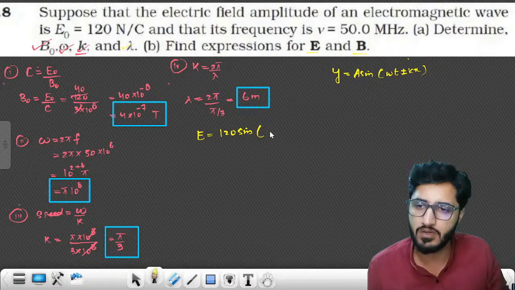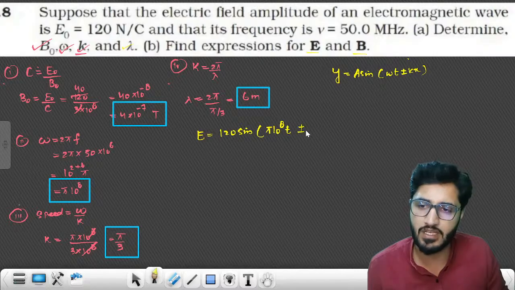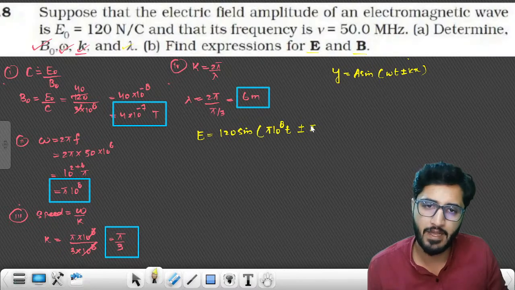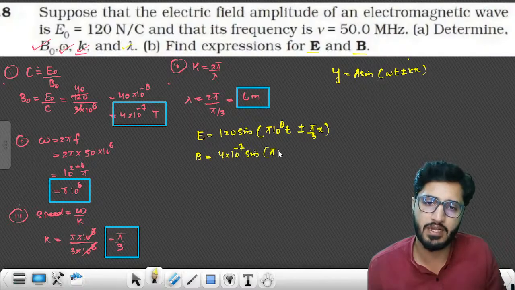It is pi into 10 to the power 8 t plus or minus K, where K is pi by 3 into x. And B equals B naught, which is 4 into 10 to the power minus 7, sine of pi into 10 to the power 8 t plus or minus pi by 3 into x.